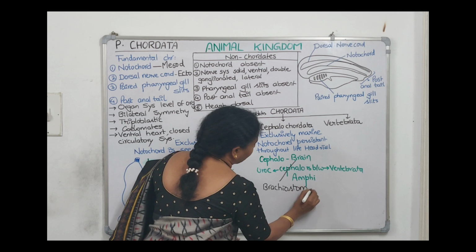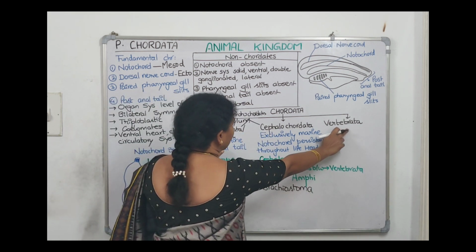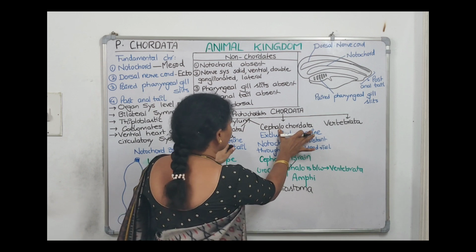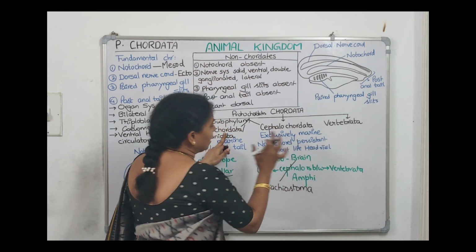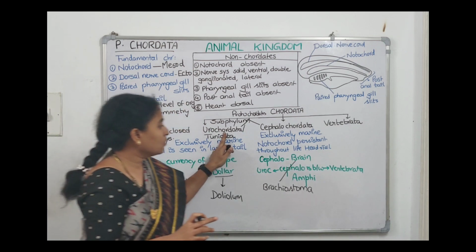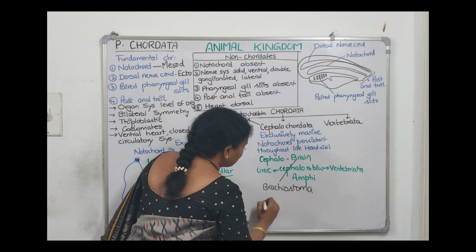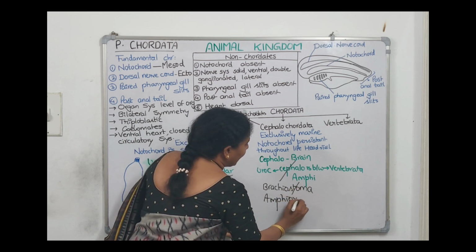And Cephalochordata is between Urochordata and Vertebrata, right? Between, middle, means amphi. So Branchiostoma's other name is Amphioxus. Amphi should remind you about Amphioxus.